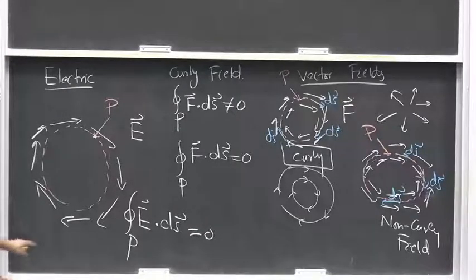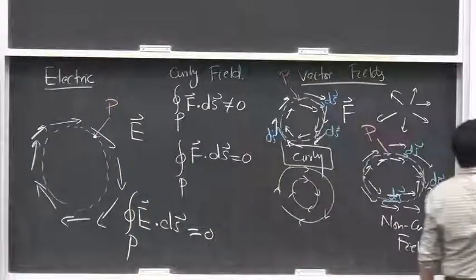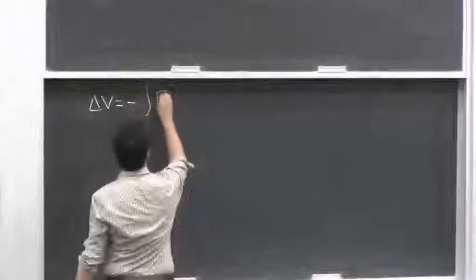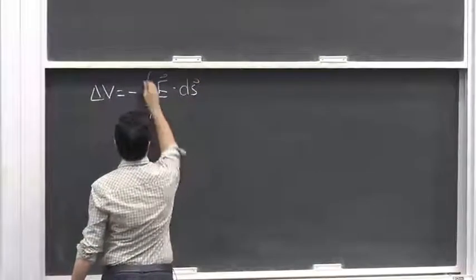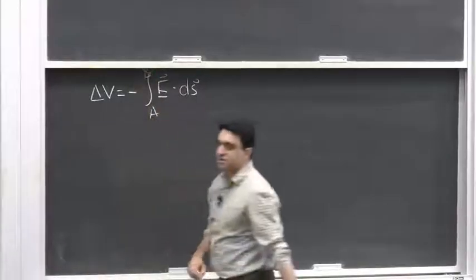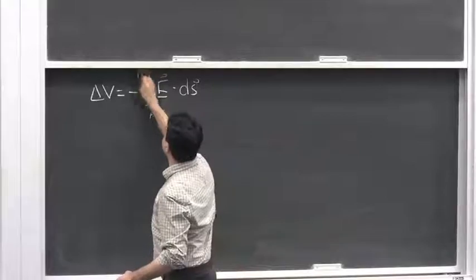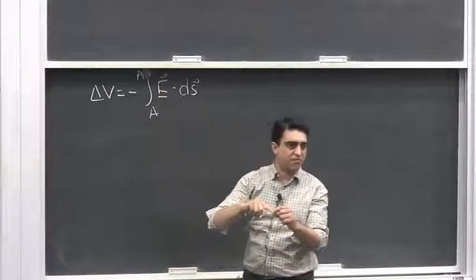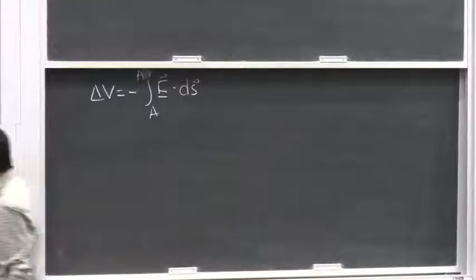Because what does this thing give you? If you remember, we had a definition of scalar potential. This is minus E dot ds from A to B. But if you are taking a closed path, then you are basically doing an integral from A to A. You start from a point A and you do an integral to point A again.